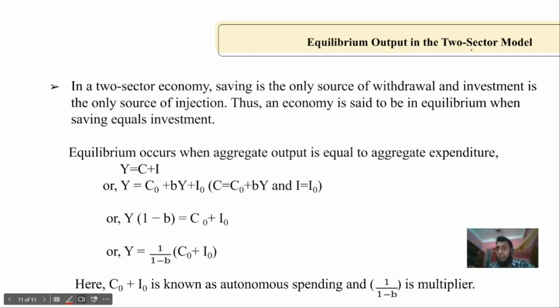Equilibrium output in the two-sector model. We know that in a two-sector model, equilibrium occurs when aggregate output Y equals aggregate expenditure. The equivalent condition we write is Y equals C plus I. Then we can write Y equals C naught plus bY plus I naught, because we know that the consumption function C equals C naught plus bY, and we can write I equals I naught because this is an equilibrium position.